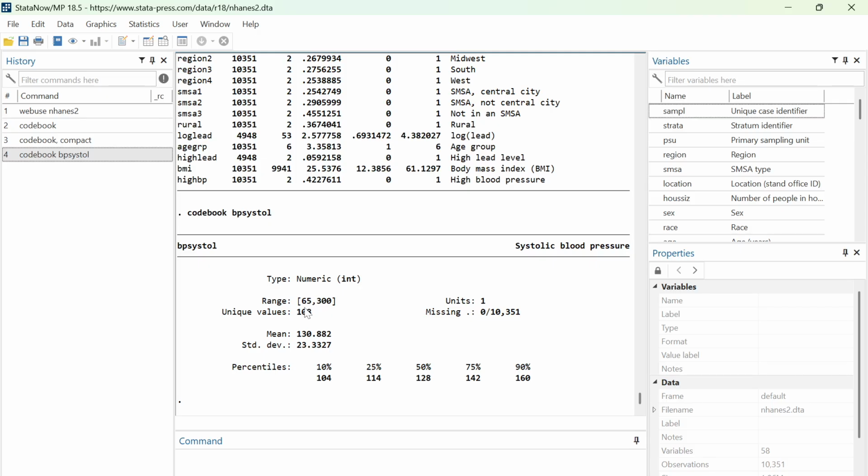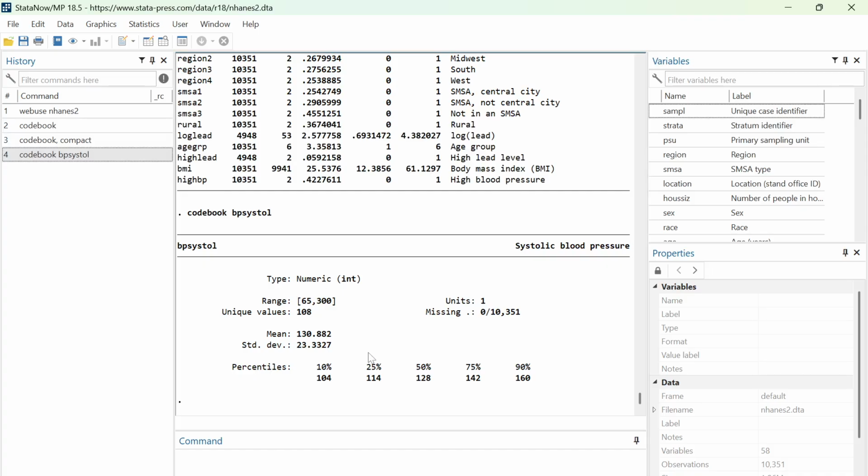So that means this is measured at a continuous level, and there are 108 unique values, and this is the average. So people on average have a systolic blood pressure of 130, right? And then this is the standard deviation, indicating the variability in your dataset. Some people really have higher than this, and some people really have lower than this.